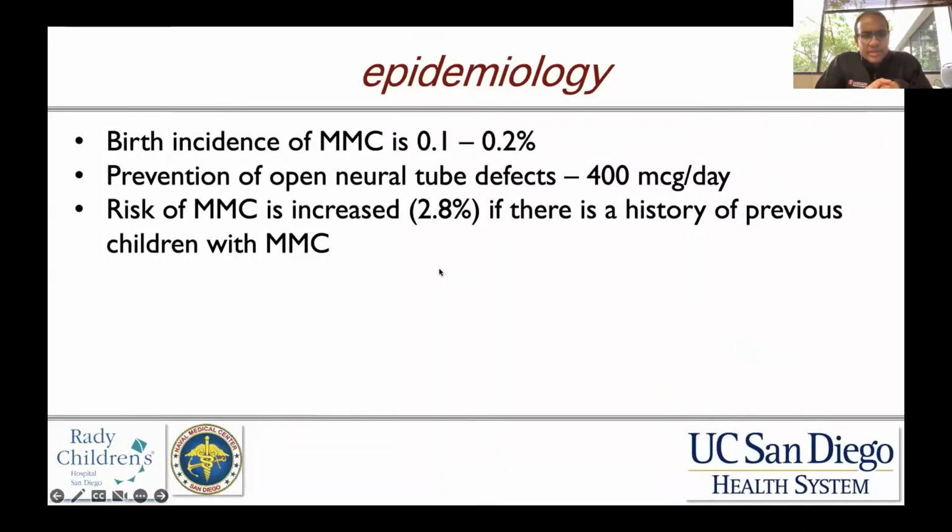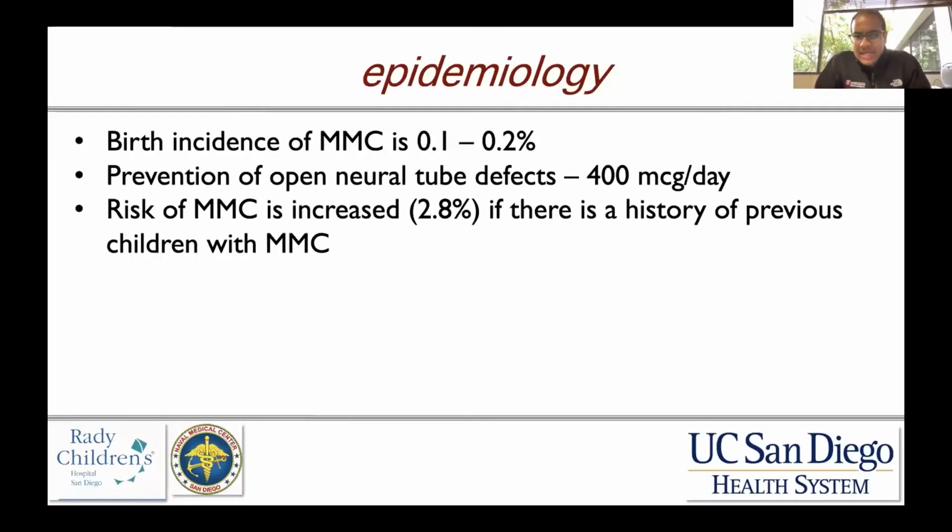The birth incidence of myelomeningocele is really 0.1 to 0.2%. There's a big movement now, and it's really wonderful, about primary prevention of open neural tube defects. Fortification of really all diets across the world with folic acid or folate has provided significant reduction in the number of open neural tube defects, specifically myelomeningocele, that we're seeing.